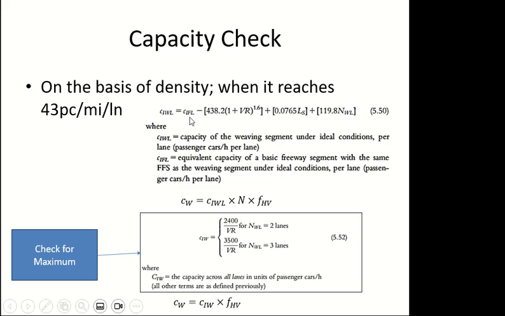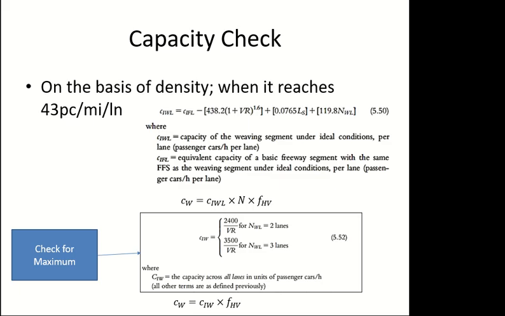Sorry, this one is the capacity of the basic freeway segment under ideal conditions, and this one is the capacity of the weaving segment under ideal conditions. So for the weaving segment, this is the equation. For the freeway, we already saw the equation for CIFL.